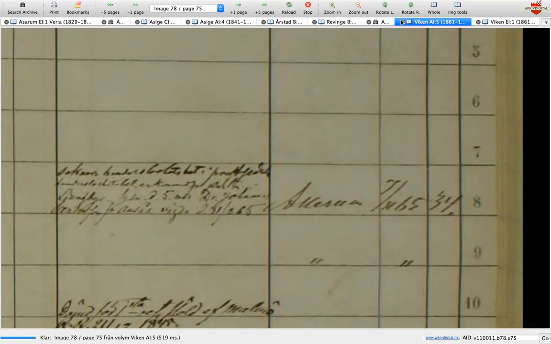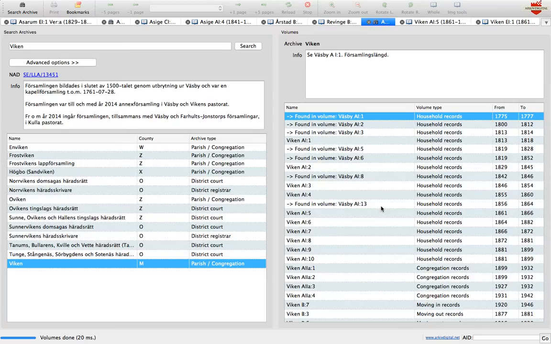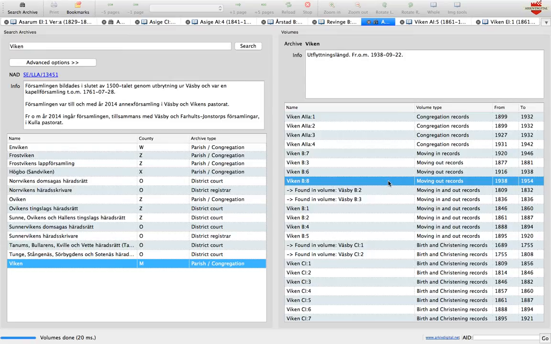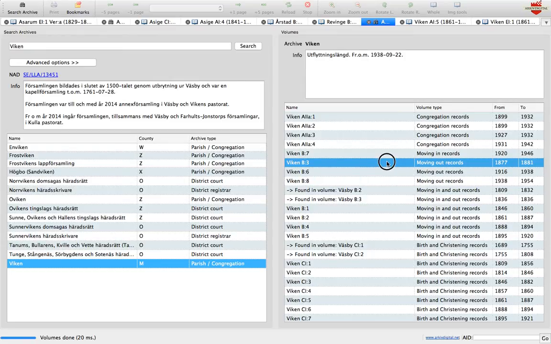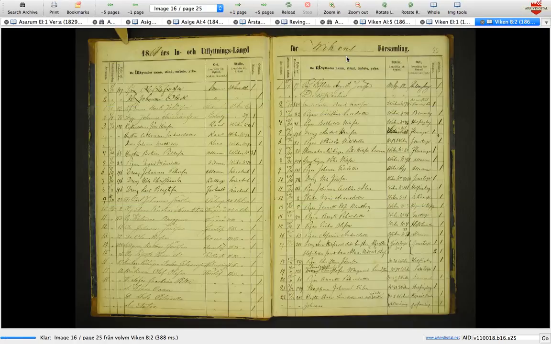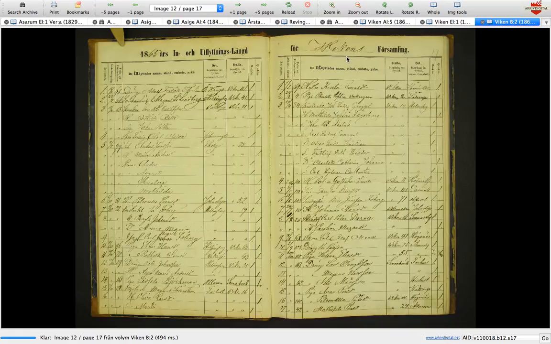There we have 65 moving out. There, 65, 62, 64, 69, 67, 65.